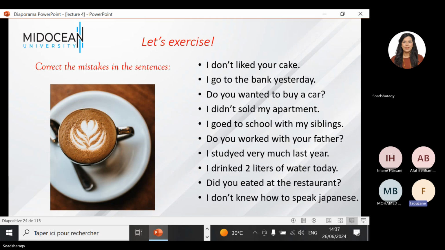No, I don't know. Okay. I don't know how to speak Japanese. You just apply the rule of the simple past tense, and you, of course, should learn by heart the list of irregular verbs, okay?